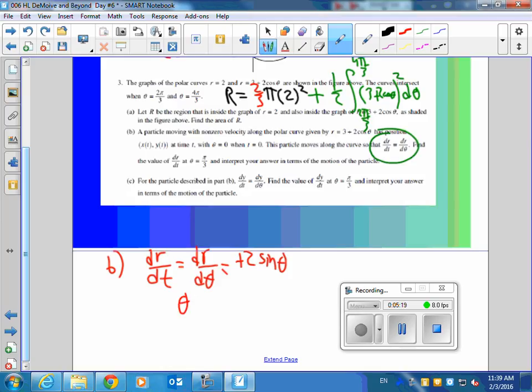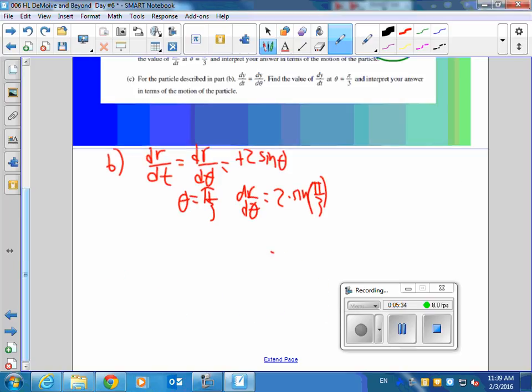So when theta is equal to pi over 3, dr/d theta is equal to 2 times the sine of pi over 3. And isn't that just square root of 3 over 2, right? So it's the square root of 3.